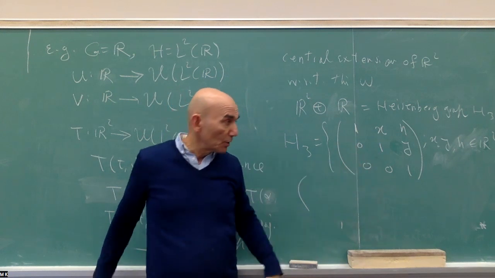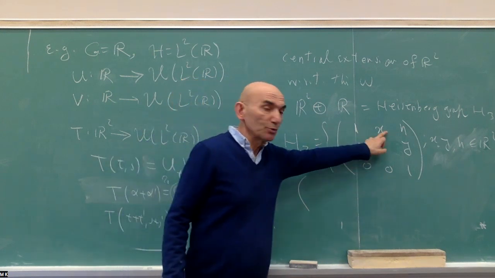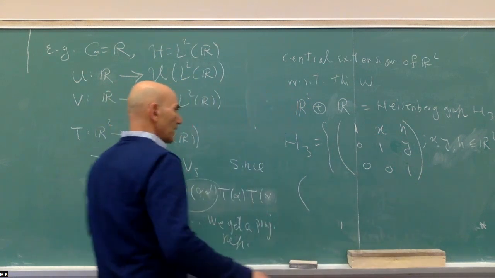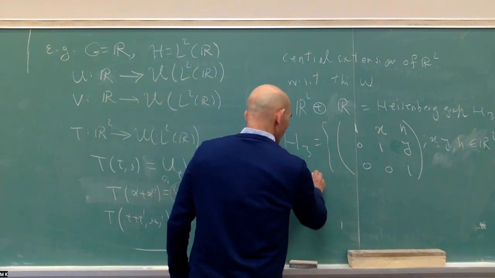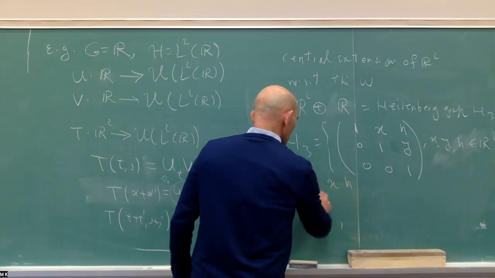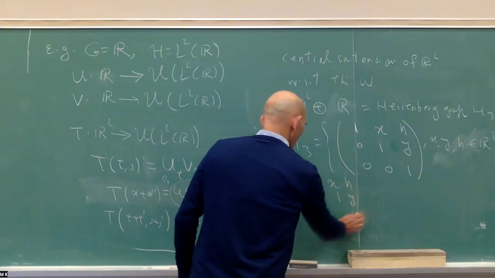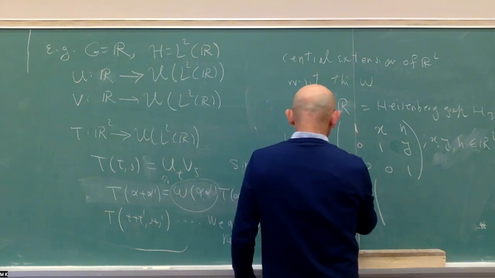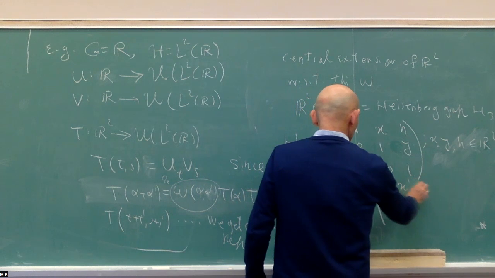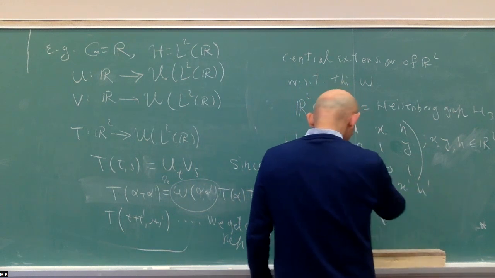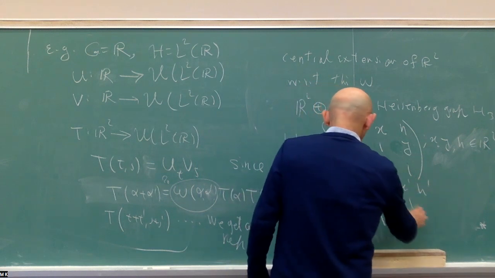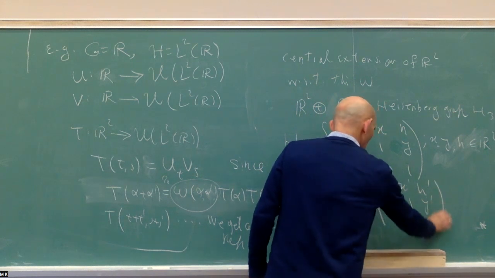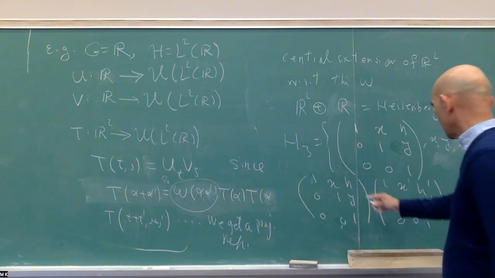So let's look at what happens to the XY part, which here was TS. If you have 1, X, H; 0, 1, Y; 0, 0, 1 times again 1, X prime, H prime; 0, 1, Y prime; 0, 0, 1, what do we get?